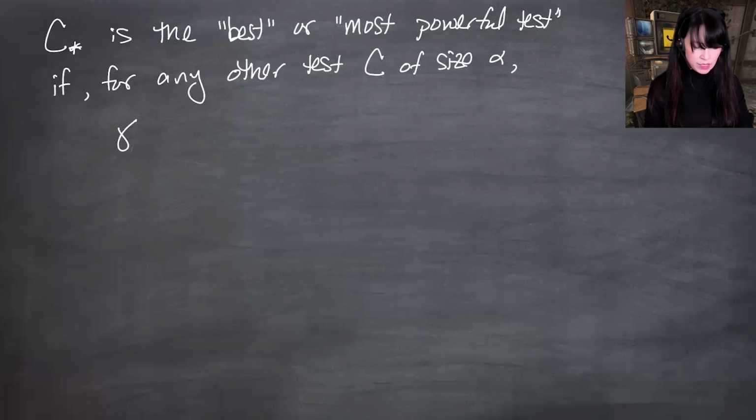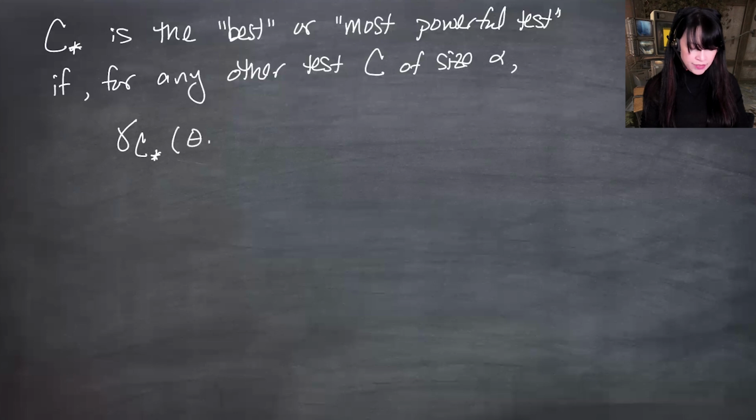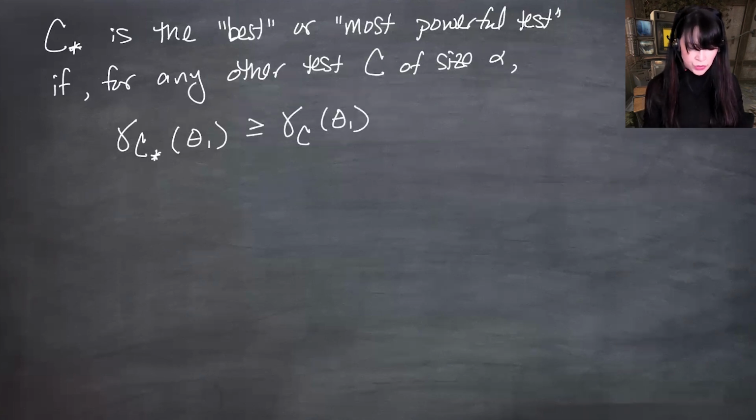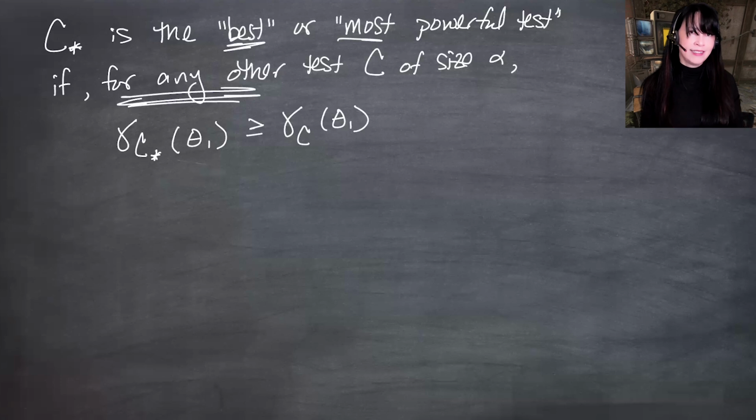Sorry, I do mean that to be a lower subscript only because I want to start taking complements here. So there's going to be other superscripts. When the alternative is true, is greater than or equal to the power function under the test C when the alternative is true for any other C. That's what makes it best, not just better than a certain C1, but better than all tests, all critical regions C.